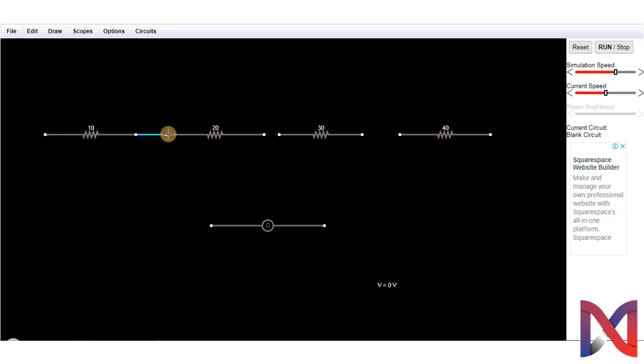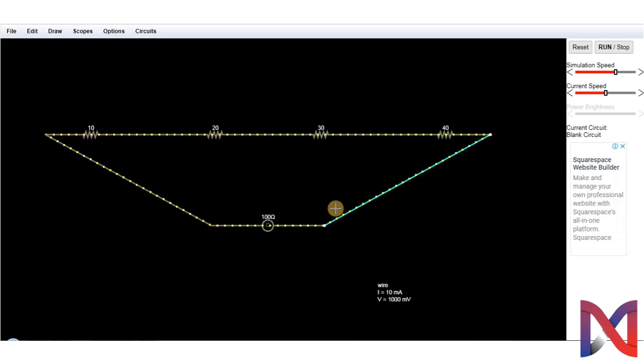Let's connect our circuit to know what our equivalent resistance is. Now we will connect the circuit end to end with the ohm meter. Here we are. The entire circuit is connected and we get our result to be 100 ohm.